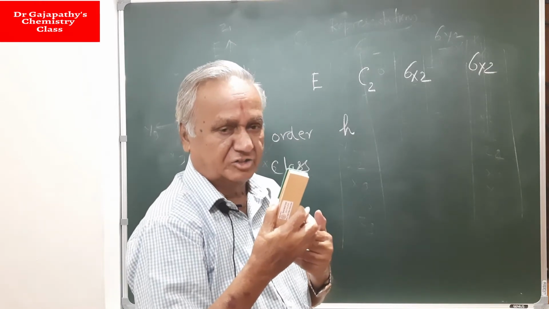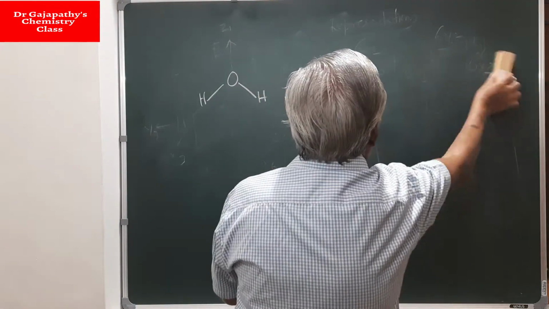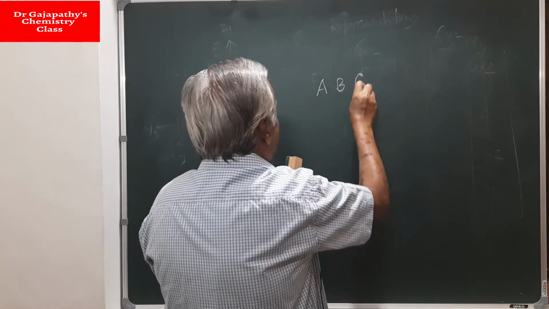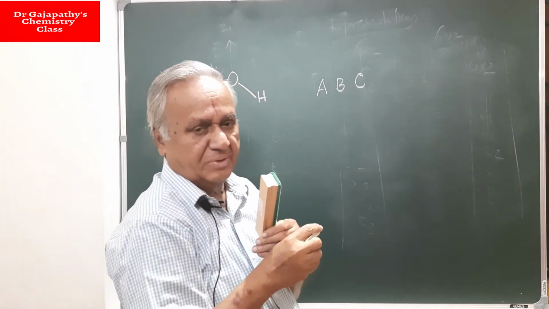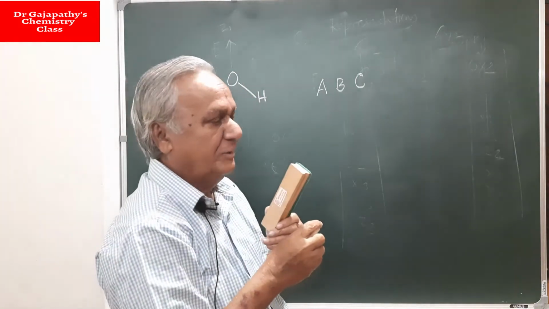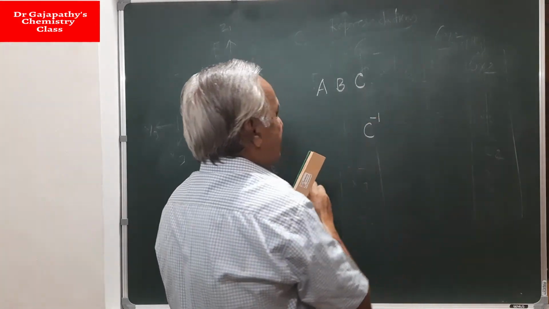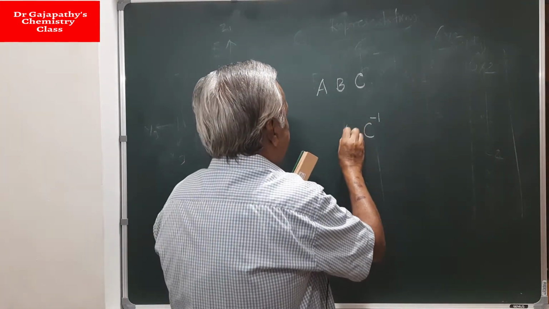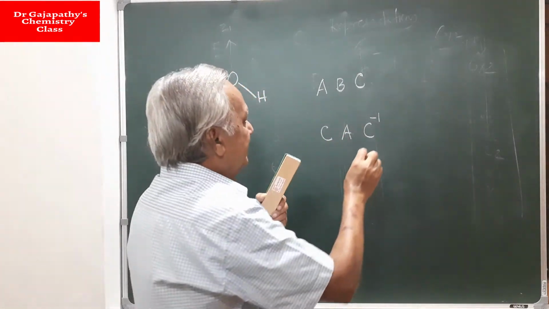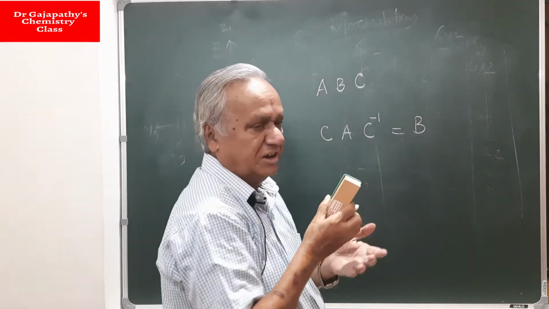What is the similarity transformation? Let me consider I have 3 operations in a molecule, A, B and C. Now, let me do the operations C inverse, A and C. If the result is B, this process is called the similarity transformation.